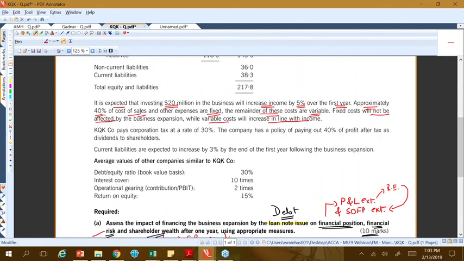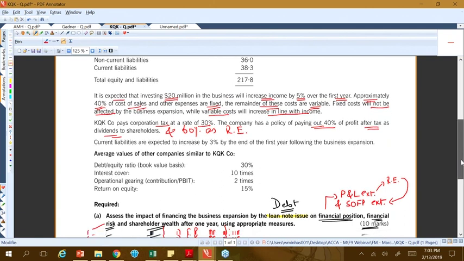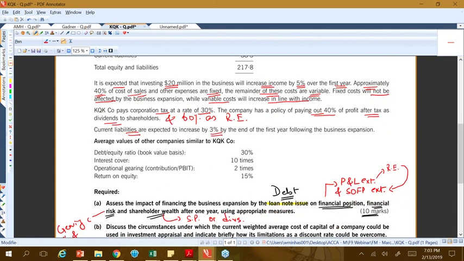KQK pays tax at 30%. The company has a policy of paying out 40% of profit after tax as dividends to shareholders and 60% as retained earnings. Current liabilities are expected to increase by 3% by the end of the first year following the business expansion.